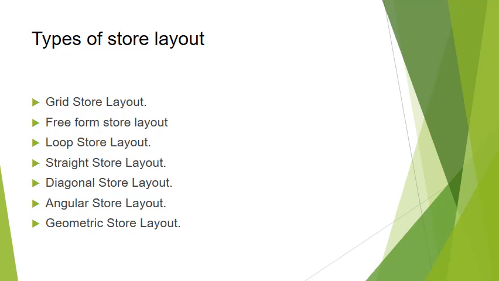Then the next one is loop store layout. It offers an unusual, interesting and entertaining shopping experience while also increasing impulse and promotional purchases. The major customer aisle begins at the entrance, loops through the store and returns customers to the front of the store. This is used by the departmental stores. Next one is straight store layout.